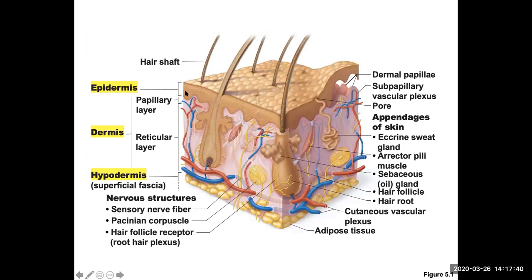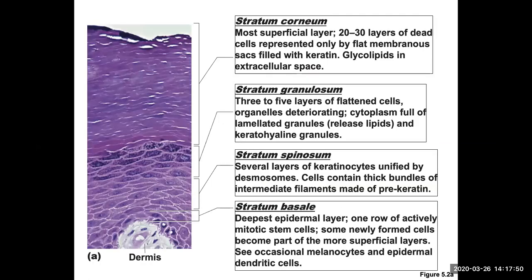There are multiple layers, and you do have to know the names of them, but there is a fun way to try to remember. The layers are, from superficial to deep: the Stratum Corneum, the Stratum Granulosum, the Stratum Spinosum, and the Stratum Basale.